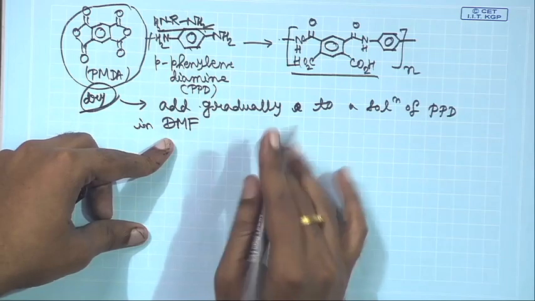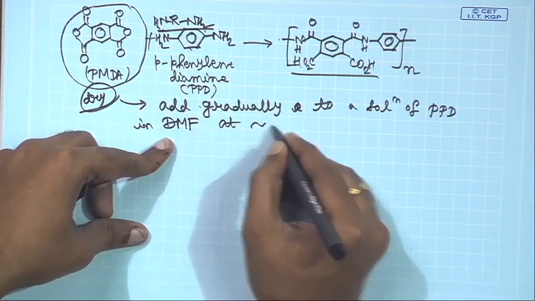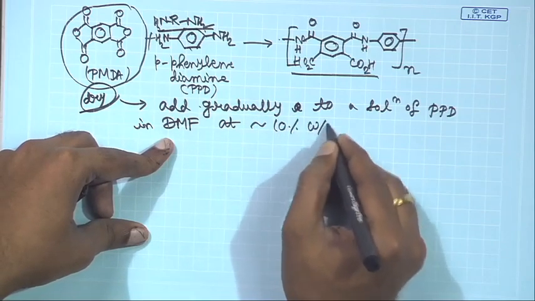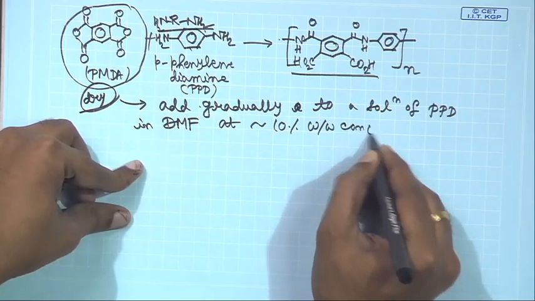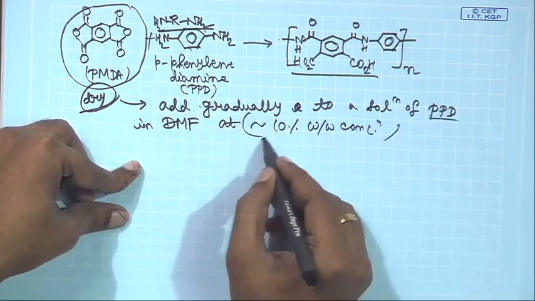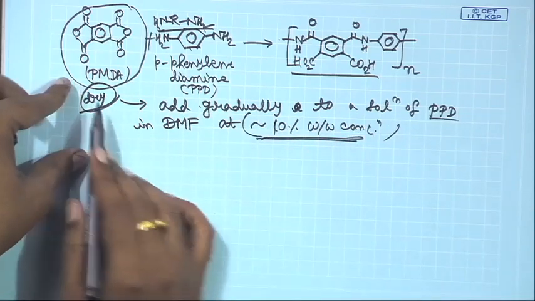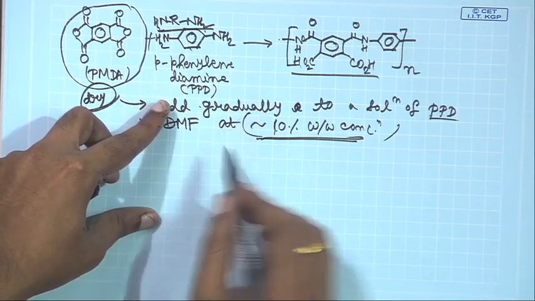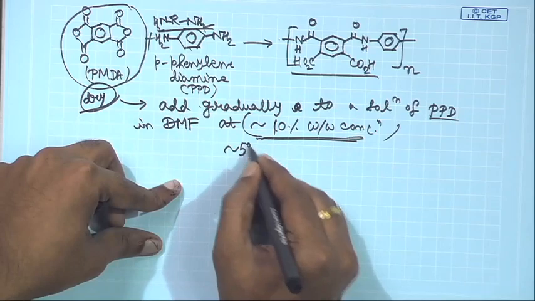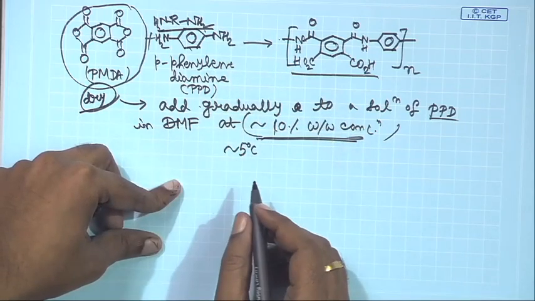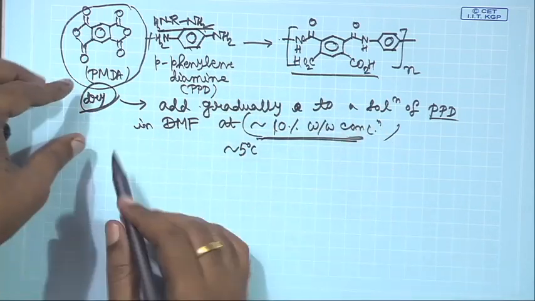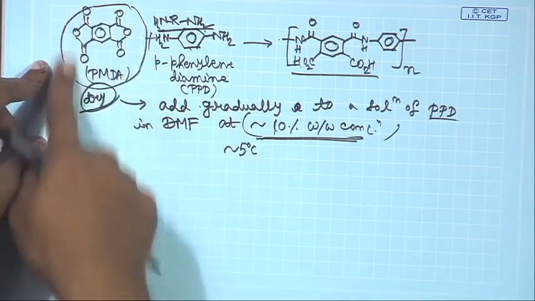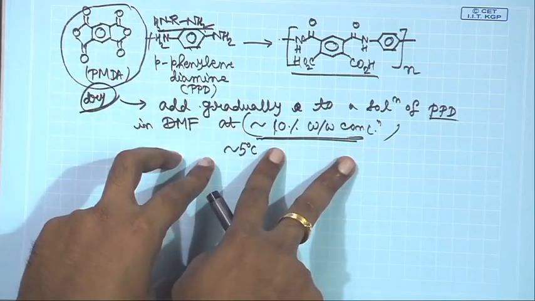Okay. At around 10% weight by weight concentration, say PPD is at around 10% weight by weight concentration, and you add this gradually, and temperature is around 5 degrees Celsius. So, see, the temperature is low, not very high, and then you are stirring. Keep in mind that when you are adding this dry powder, you add this in exact stoichiometry.